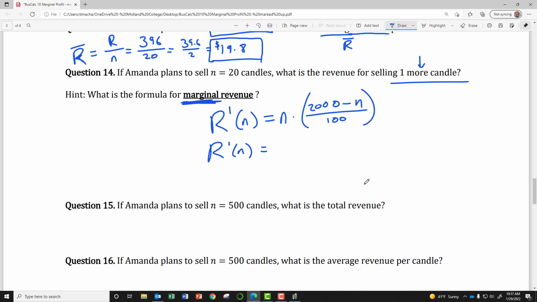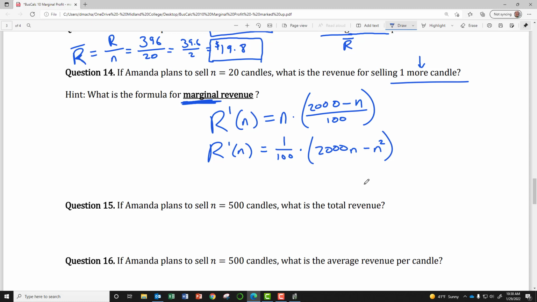So that I'm going to get 1 over 100 times 2,000 times N minus N squared. If that's not completely obvious to you right now, work through the algebra on your own to make sure you understand how we went from this step to that step. That would be a good algebra check, to know your algebra skills.